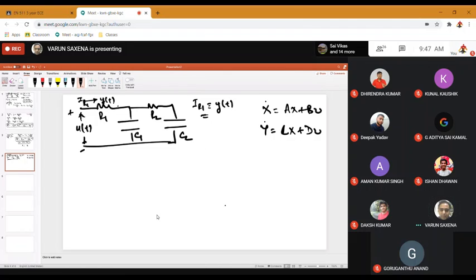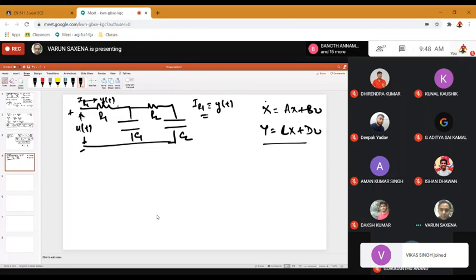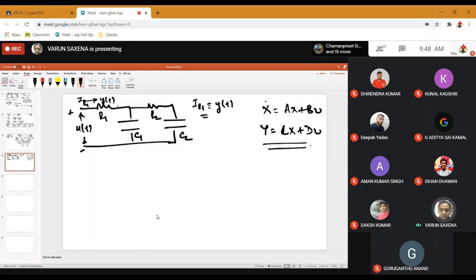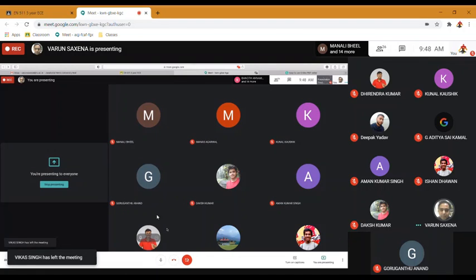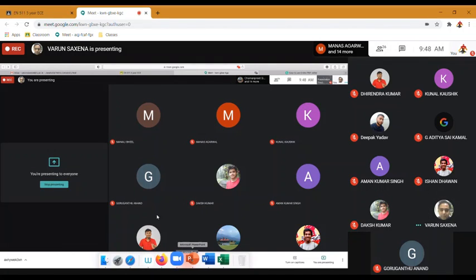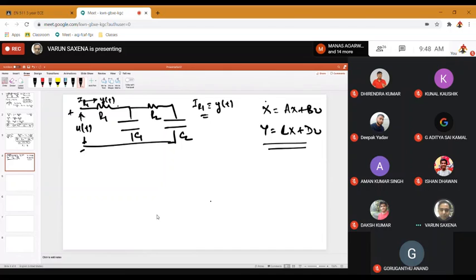Now this is not y dot, this is y only. Sorry. So can you write this kind of an equation? Try to write it and tell me. It should not take you more than a minute. Kunal, you try to give me an answer to this question. You have to write y is equal to Cx plus Du. I would want an answer from you.